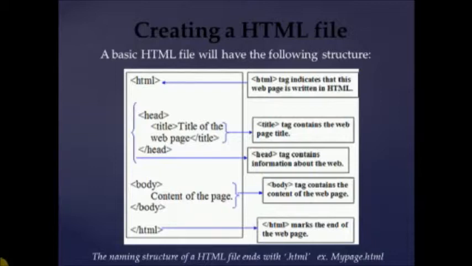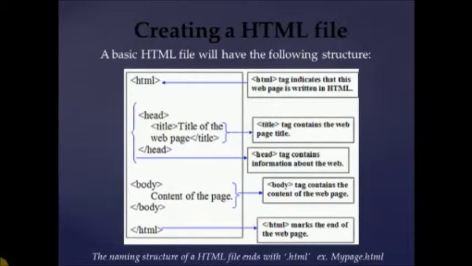We then have our head tags, which contain information about the web page. And inside our head tags, we have our title tags, which contain the title of the web page.